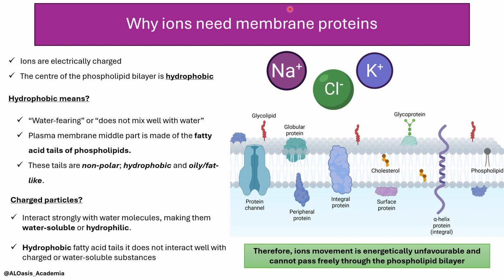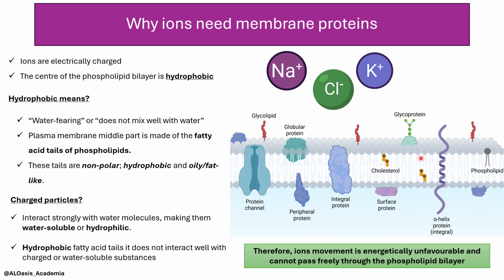It means that if they need to move through the plasma membrane, you would need to use a lot of energy to make them cross the membrane, and that phospholipid bilayer would reject them.